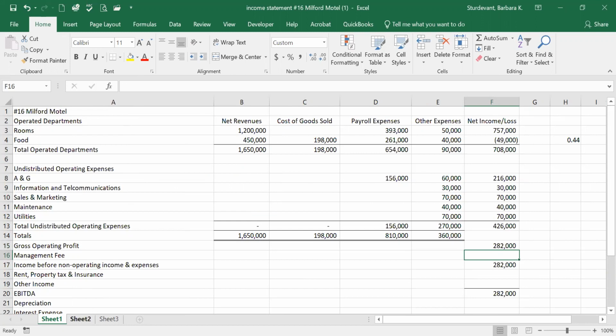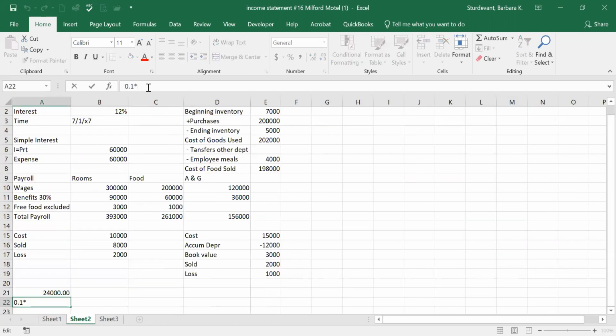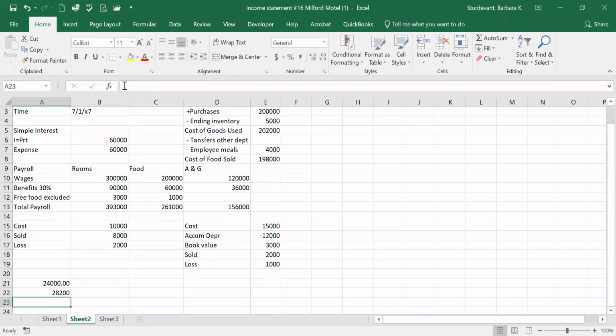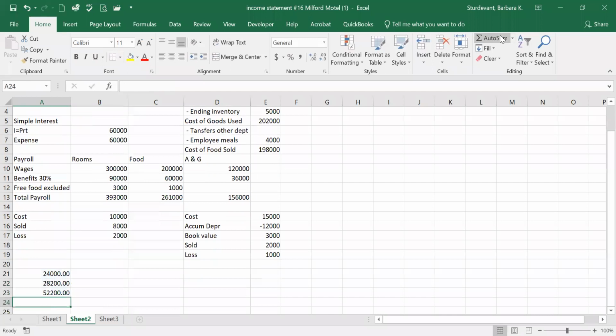Forget it, let's type it in. Let's go there and put my equal sign. Okay, so I got 24,000 based on 2% of room sales, and then we have 10% of our gross operating profit. So we have a total of 52,200.